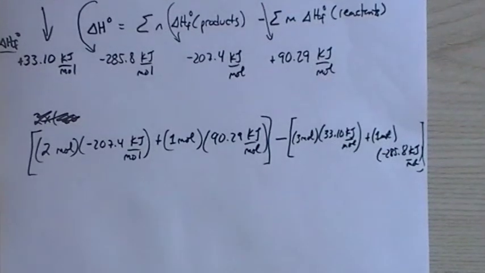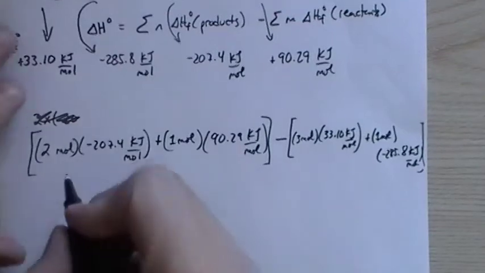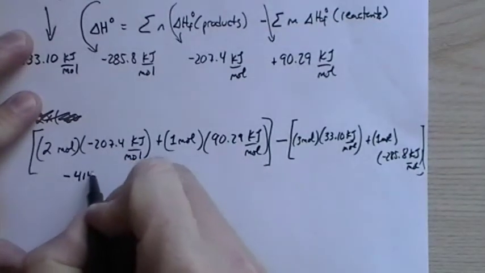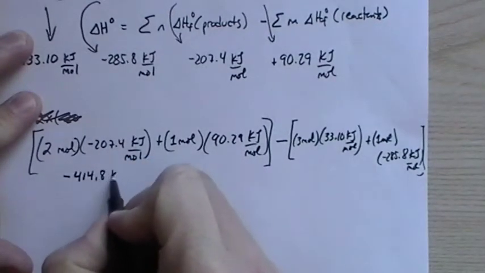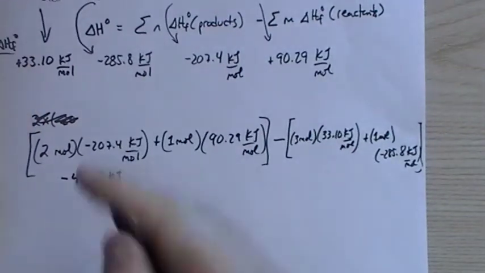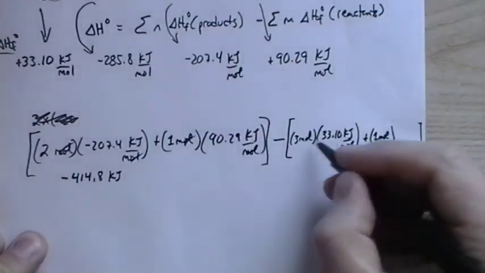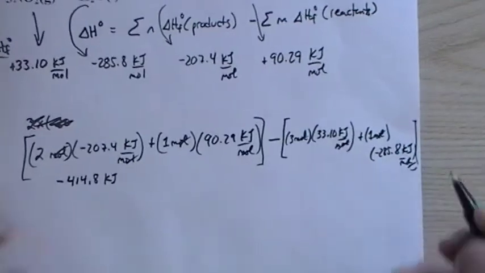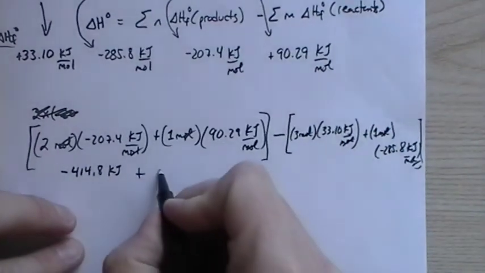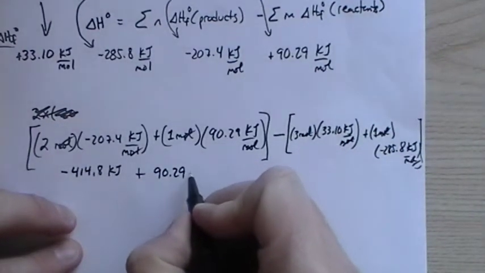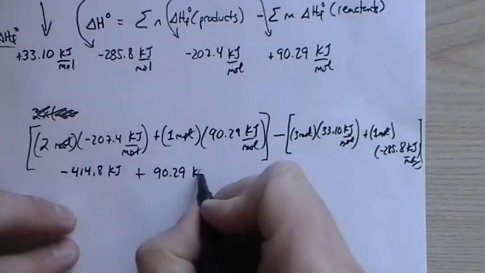Okay, so let's do this out. So 207.4 times 2. Actually it's just kilojoules, so that won't be too bad, because the moles cancel for each of these all the way down the line. And then this is plus 90. That also helps when it's 1 mole.